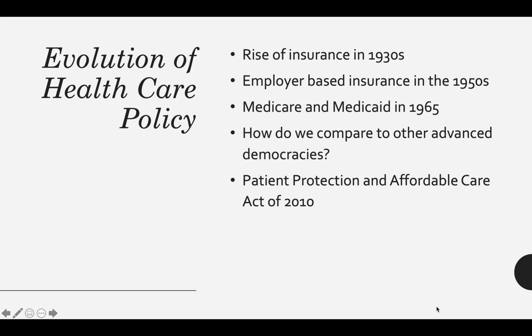Then, of course, we have Medicaid and Medicare, which were created in 1965. So Medicaid covers families below a certain income level, so it's health insurance provided by the federal government for the poor, and Medicare is health insurance for people in the retirement age.